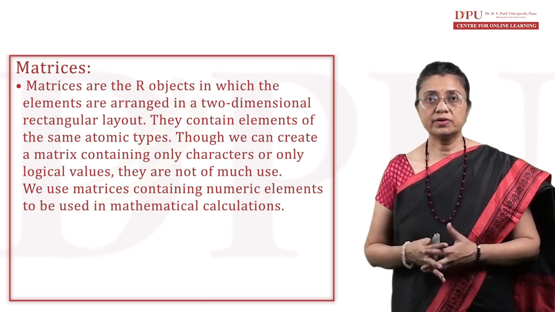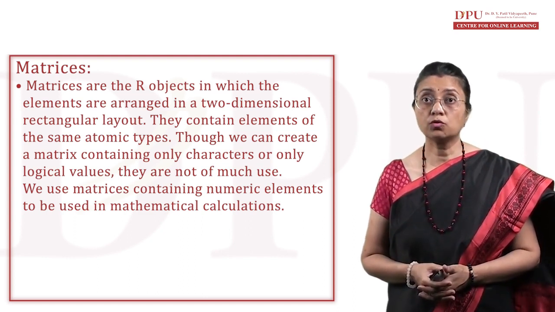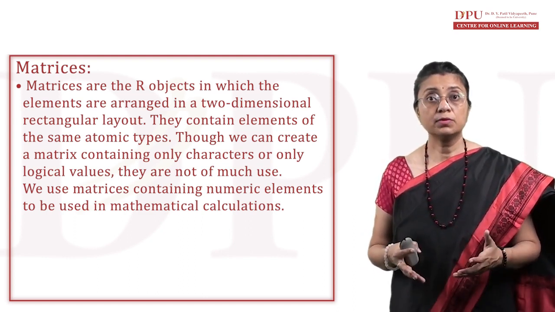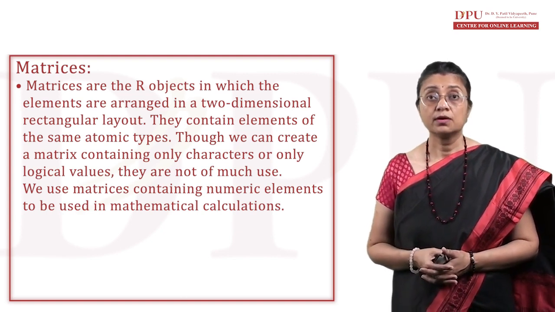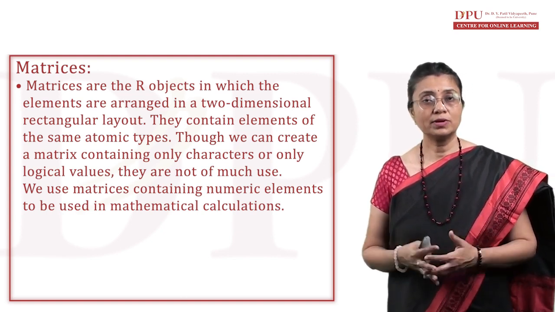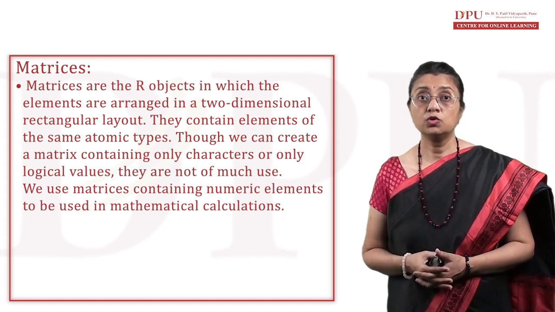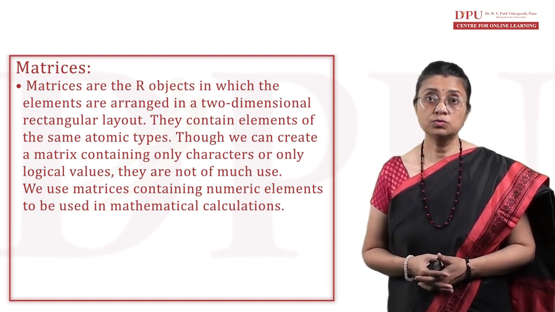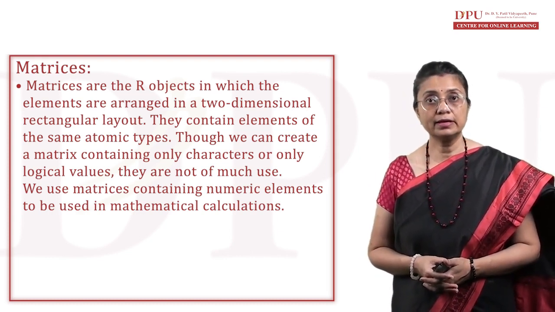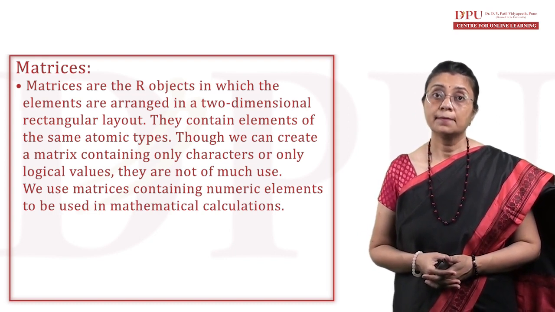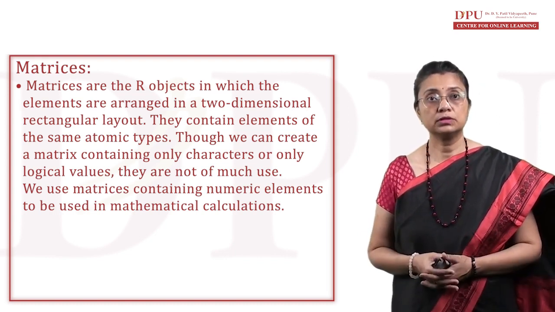Though we can create a matrix containing only characters or only logical values, they are not much of use. Why? Because we normally store matrices to use numeric values. We use matrices containing numeric elements so they can be used in mathematical calculations further.